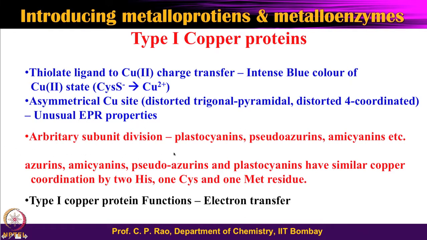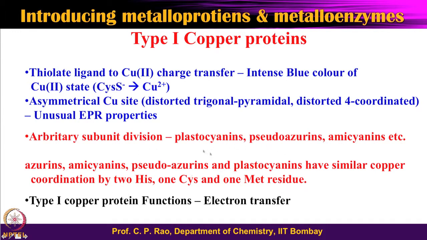You have different kinds of subunits in these: plastocyanin, pseudoazurin, amicyanin. All of these are called blue copper proteins, and the azurins, amicyanin, pseudoazurins and plastocyanins have a similar copper coordination: 2 histidine, 1 cysteine, 1 methionine.